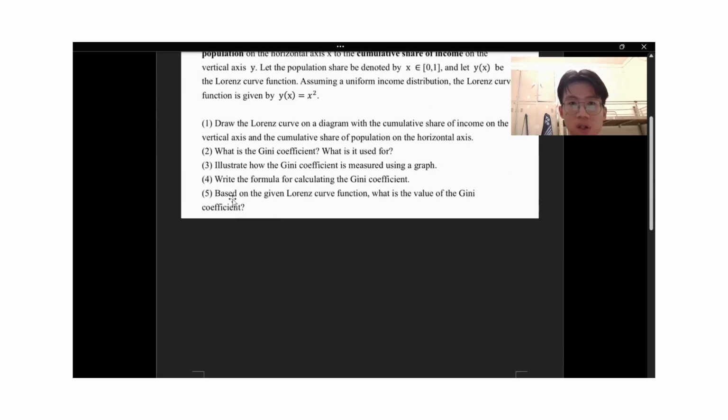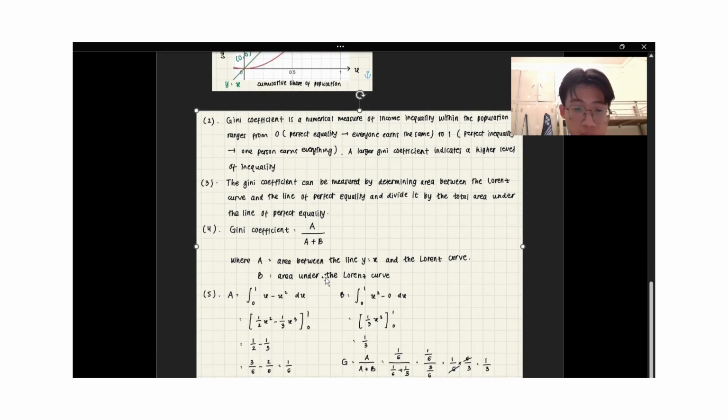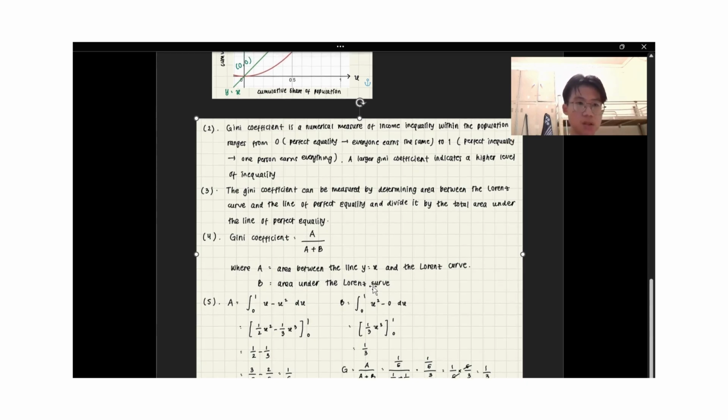The next question is, write the formula for calculating the Gini coefficient. The Gini coefficient is A divided by A plus B, where A is the area between the line y equals x and the Lorentz curve of x squared, and B is the area under the Lorentz curve.